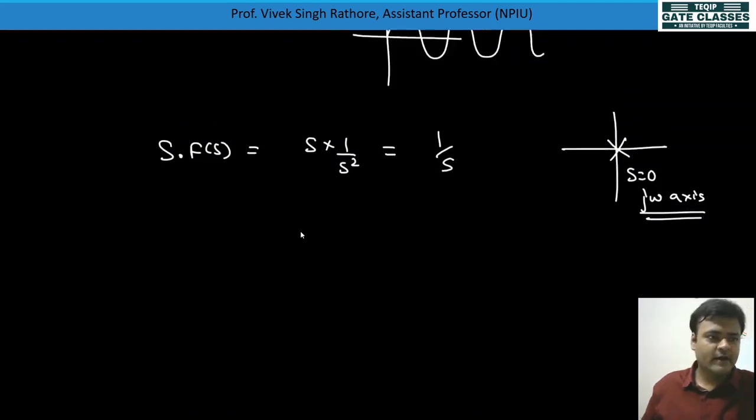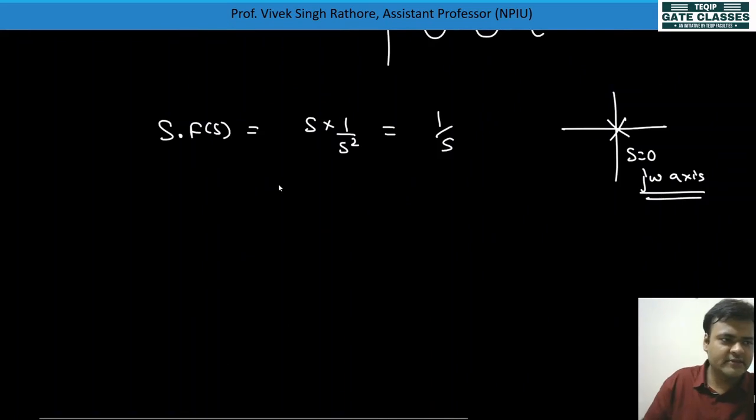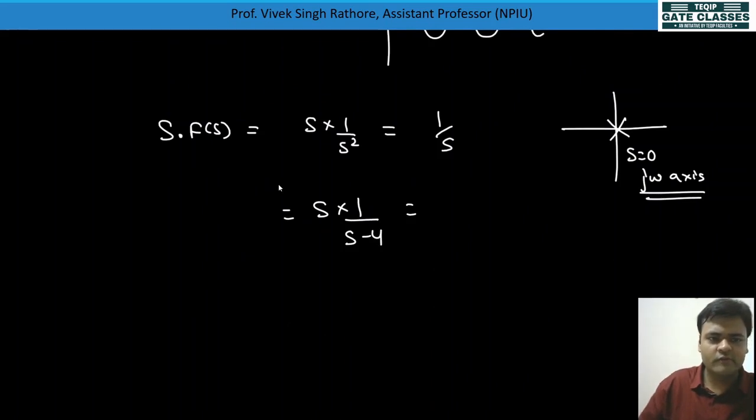See, s into f of s will be s into 1 by s minus 4. So here what will be there? Its pole will be at s is equal to 4, and one zero will be there, okay, no problem. So here the pole is in the right hand side.